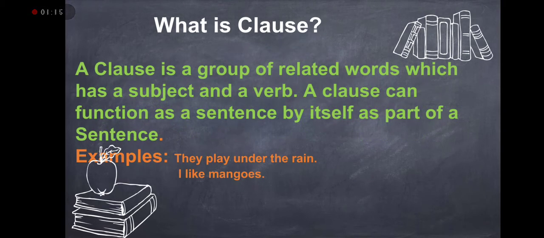A clause is a group of related words which has a subject and a verb. A clause can function as a sentence by itself or as a part of a sentence. For example, they play under the rain. So, in this sentence, we have a subject and a verb. I like mangoes. So, it's a clause.